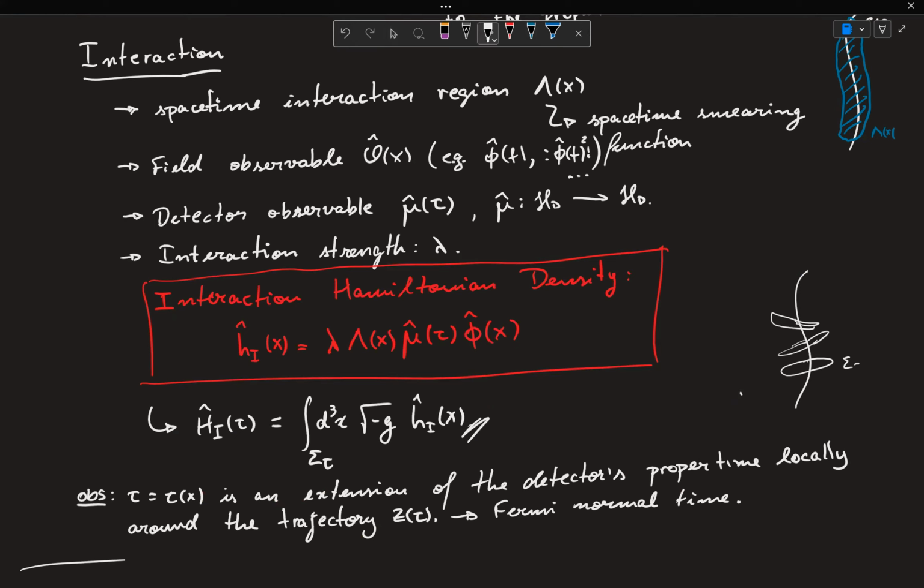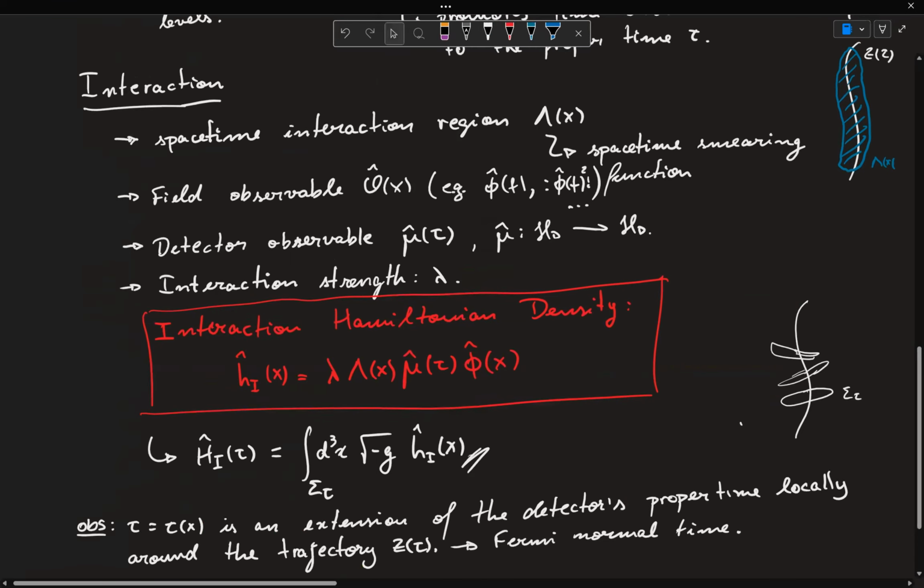But now, if you need this extension to make this integral, then it's not a spatial delta, right?